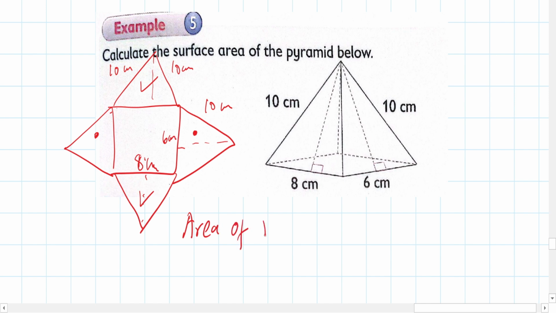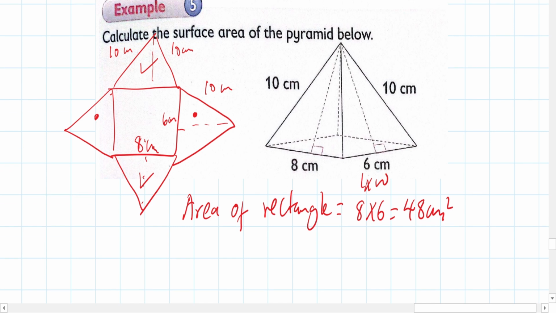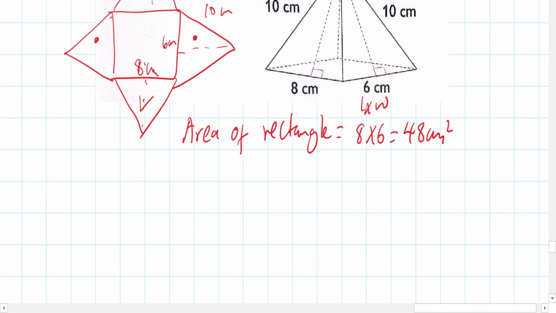An area of rectangle is given by length times width, which is 8 times 6 to give you 48 centimeter square. And then we have the 2 triangles.